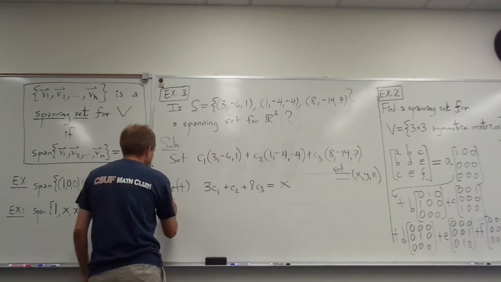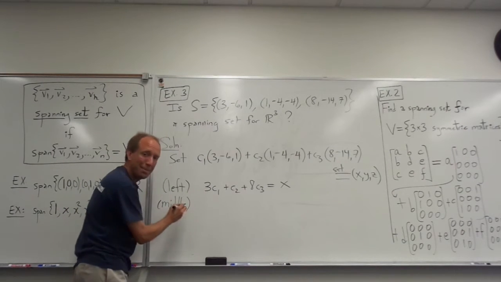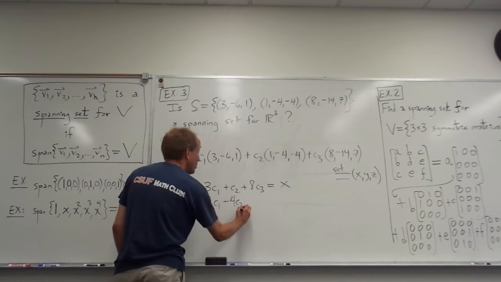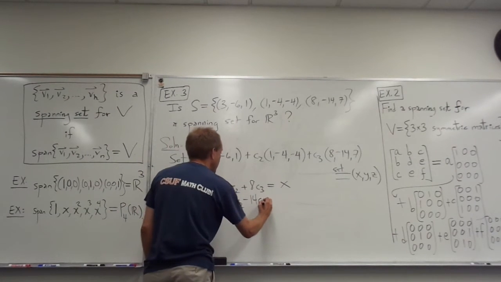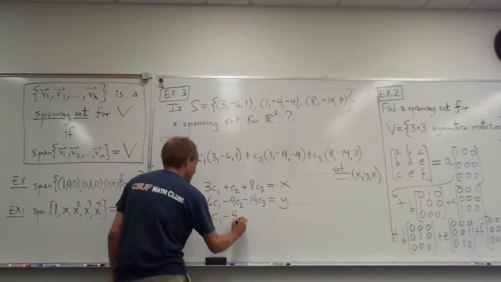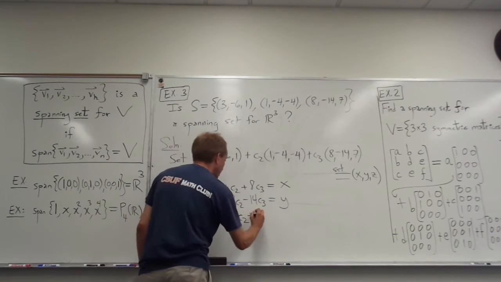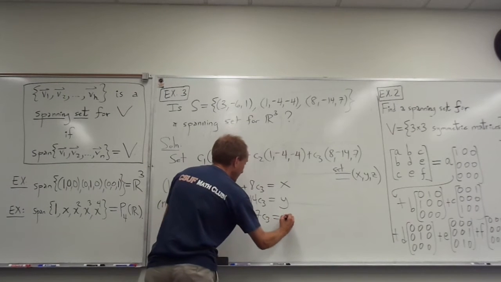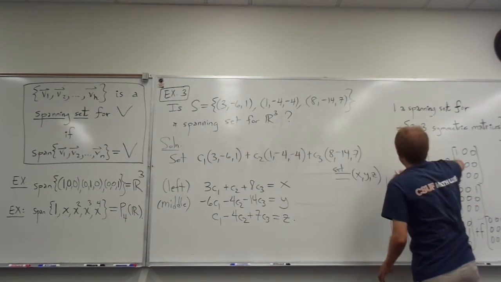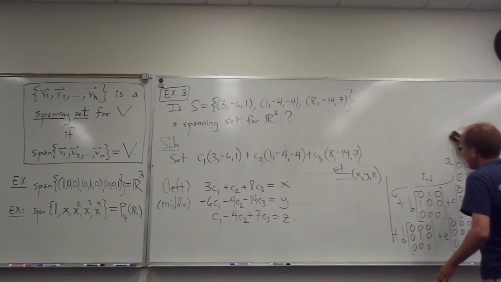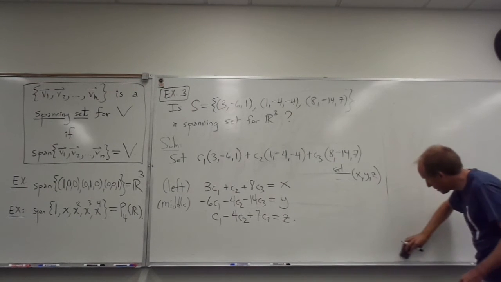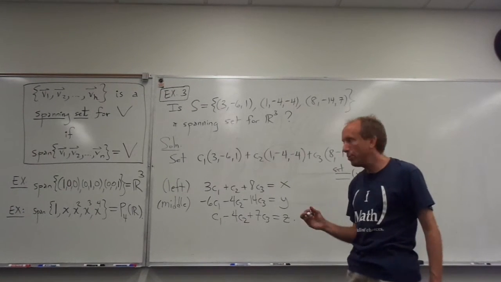And in the middle slot we have -6C1 minus 4C2 minus 14C3 equals y. And in the last slot we have C1 minus 4C2 plus 7C3 equals z. Okay? This is a linear system. And the question is, can we solve it? Can we solve this linear system for C1, C2, and C3?